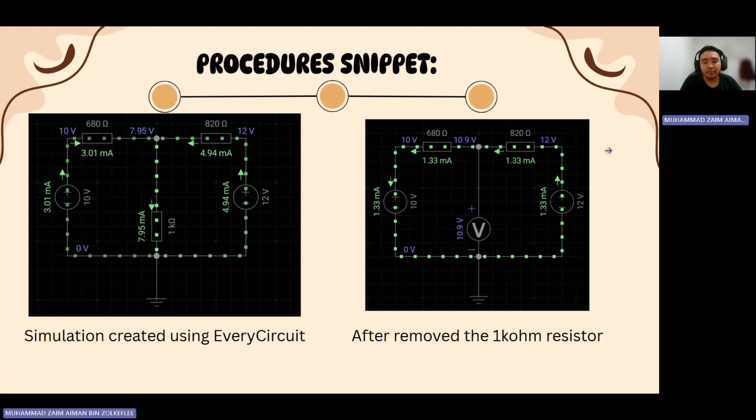Then the procedure requested me to remove the 1K ohm resistor. As you can see at the right hand side, I replace it with a voltmeter as requested in the procedure to measure the VOC value.